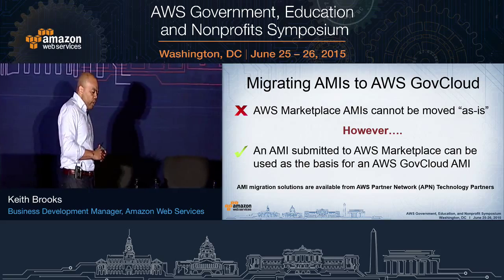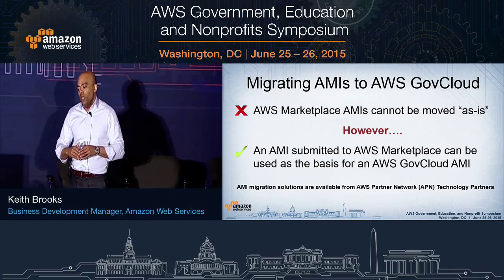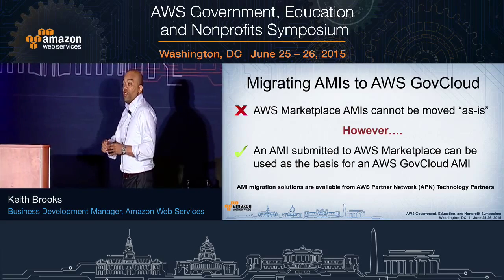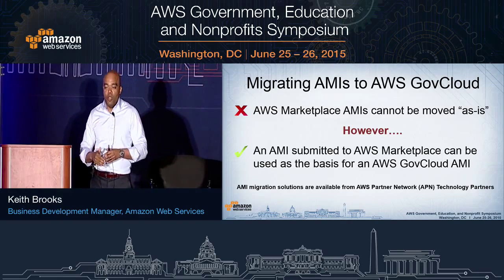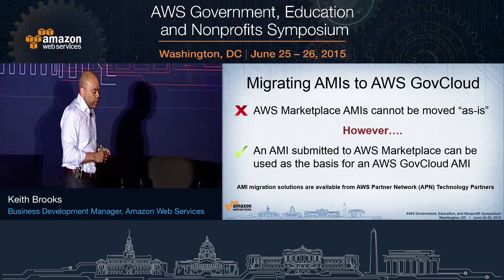However, even though we don't have Marketplace, we do recommend to technology vendors that they use the Army that was used as the basis for their Marketplace Army to start with in terms of deploying their software or making their software available in the GovCloud region.